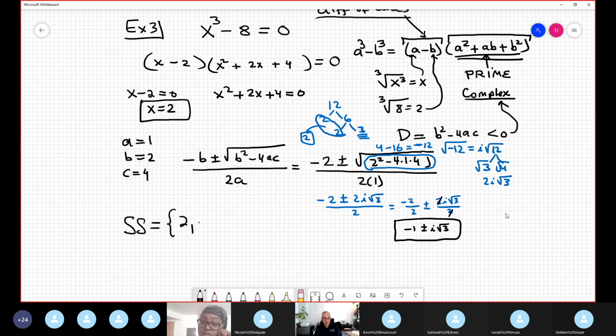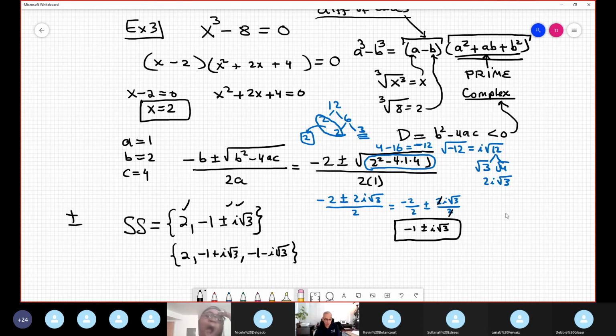So you can write like that if you want: -1 plus or minus i radical 3. 1, 2, 3 solutions. You can write like that, or you can write -1 plus i radical 3, comma, -1 minus i radical 3. You can always separate them if you like. But if you condense using the plus and minus symbol, okay for me. I understand this idea very well.